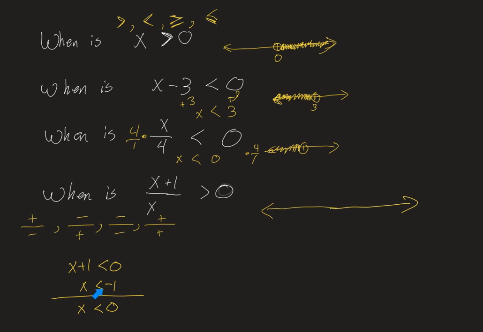So I'm going to go to my graph and say, all right, x less than negative 1. Here's negative 1. Open dot shaded to the left. Here, x is less than 0. I go to 0 on the graph, which is above negative 1. I am going to do open dot, and I'm also shading less than to the left.